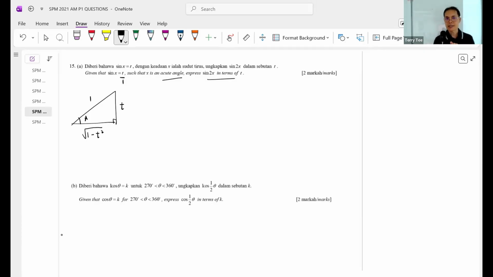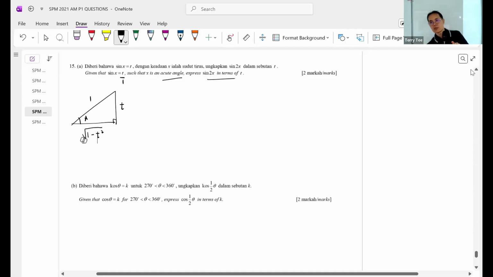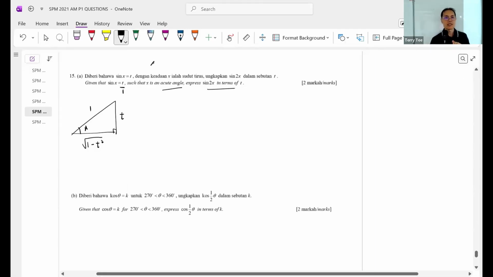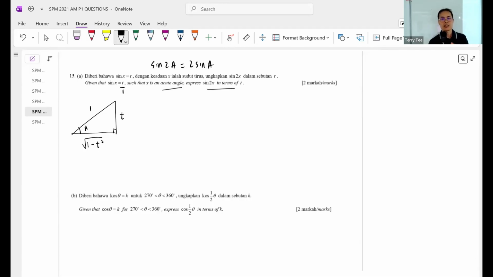Okay, if I want to find sine 2x, you've got to go back to the formula. The formula is given in the exam. The sine 2a formula, you can refer to the formula list. Sine 2a is 2 sine a cos a. So sine 2x is 2 sine x cos x.